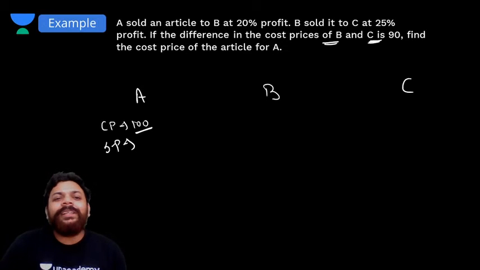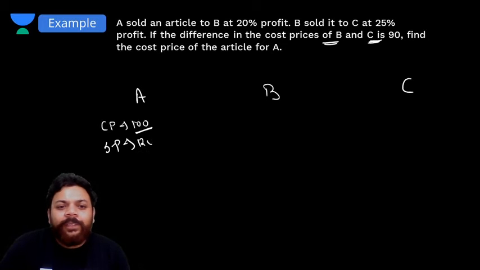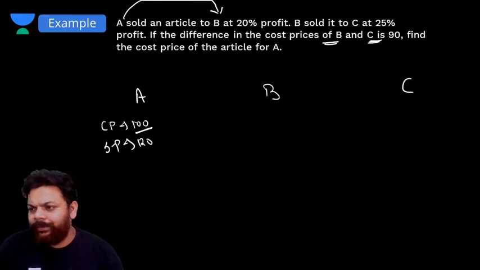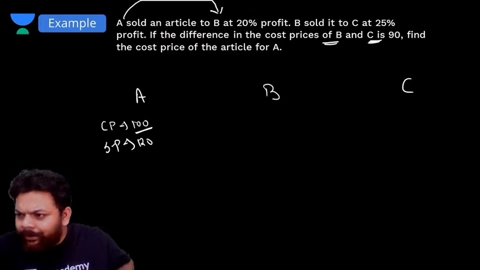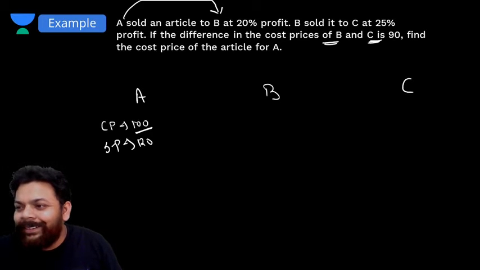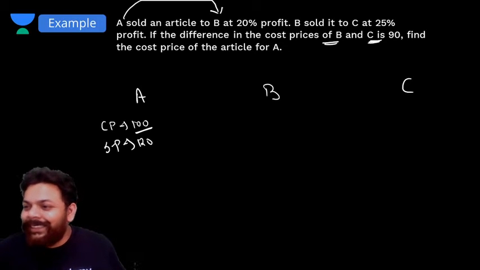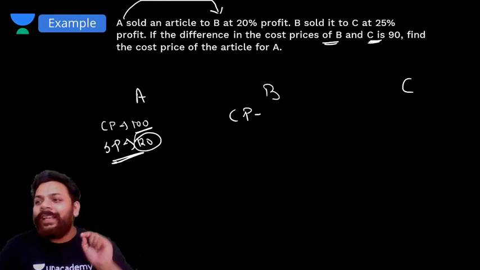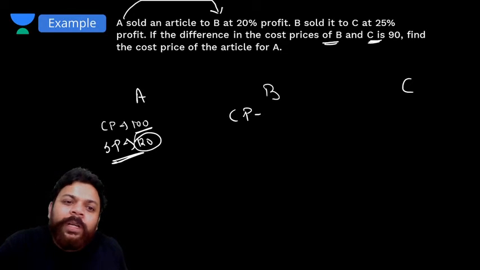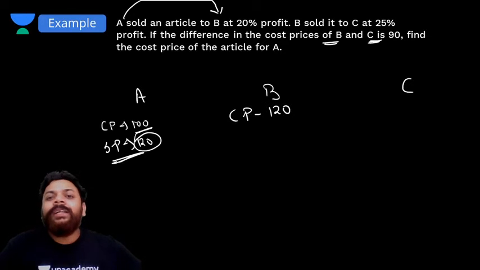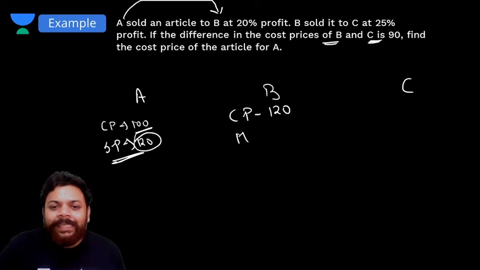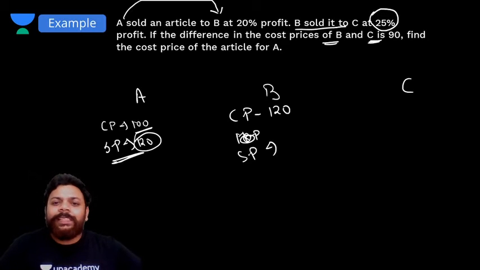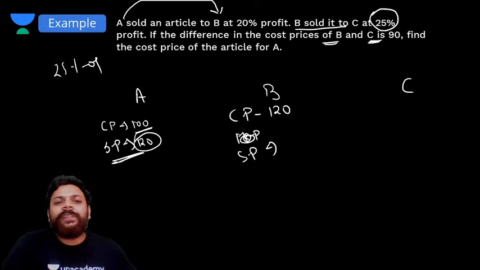So if I have assumed CP as 100, definitely selling price will be 120 because A is selling the article to B at 20% profit, so I will assume 120. Yes, second answer. So cost price, just try to think. 120 is the selling price for A. So definitely, A sells to B, so the selling price for A will be the cost price for B. So 120 is going to be the cost price for B. So the selling price for B will be, since B is selling it to C at a 25% profit, 25% of 120 is nothing but 30.